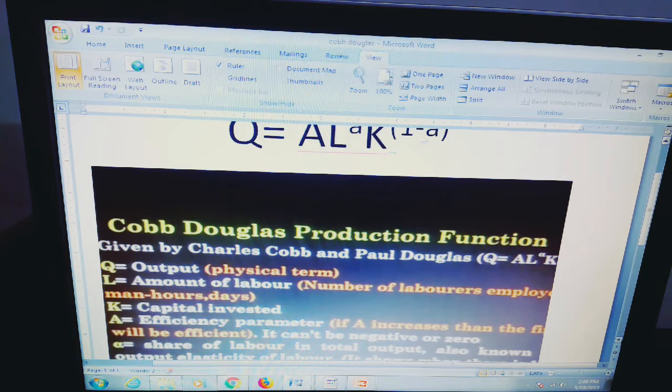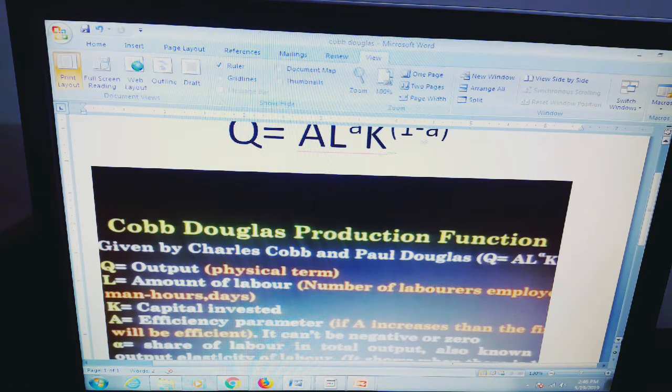And K is the capital or the machines. So that's very common sense. Quantity that you produce will depend upon, first and foremost, the level of labor, the amount of labor that you have, and the capital that you have invested. I believe there should be no problem in that.